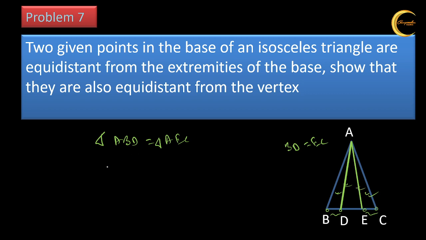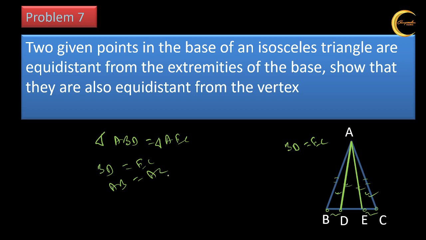So how will we prove that? First, BD equals EC, and it is also an isosceles triangle. So AB equals AC.